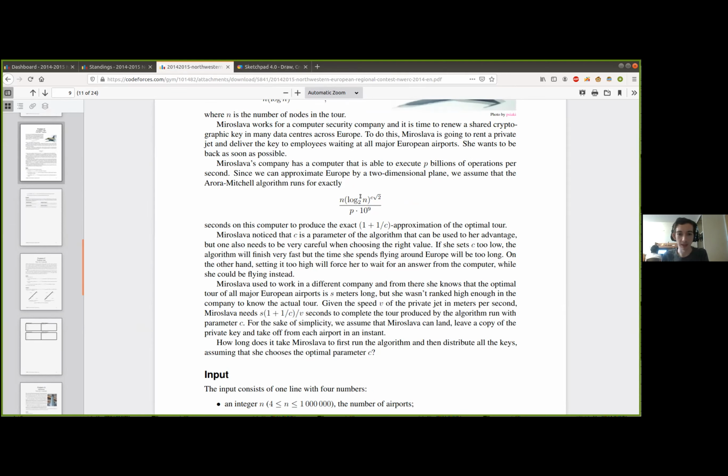Running the algorithm takes this crazy function where c is the only unknown, everything else is known in the input, and then the time it takes to take the cycle it gives you is this amount of time. So basically, we have this crazy function that we want to minimize across all c. We want to find the optimal c.